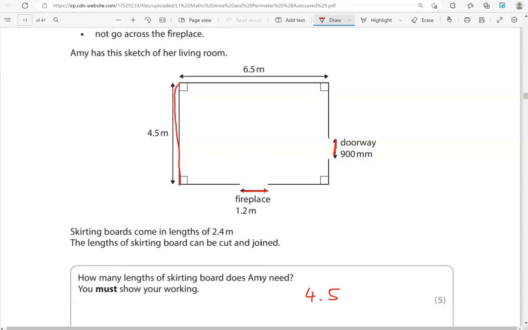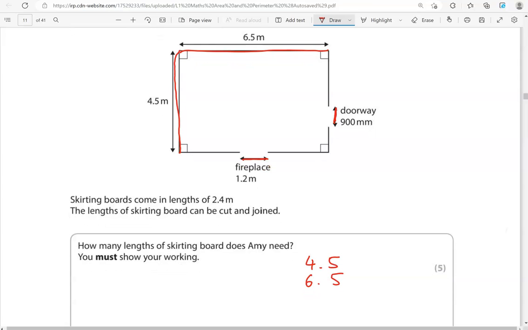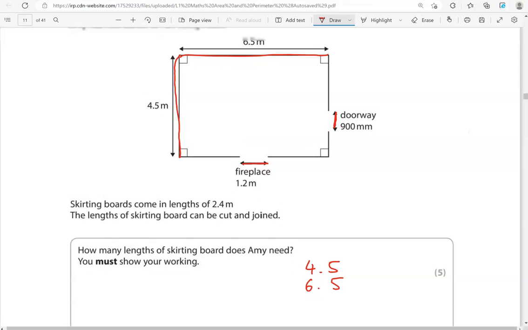Then we have 6.5 meters. Now we've got this width here, which we're going to work out by doing 4.5 meters, take away the 900 millimeters.